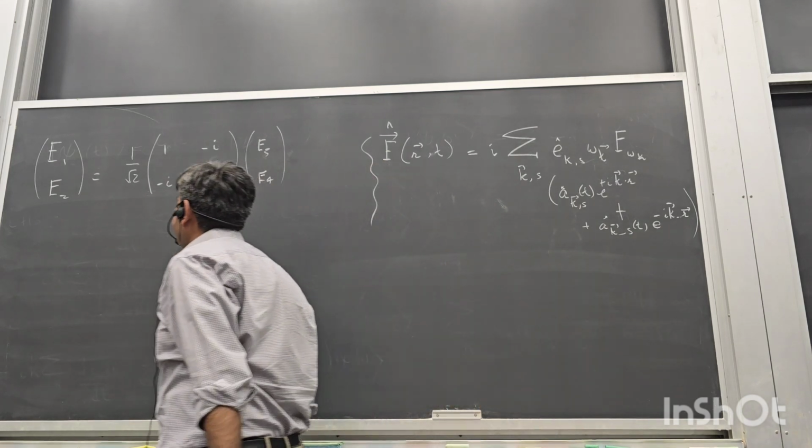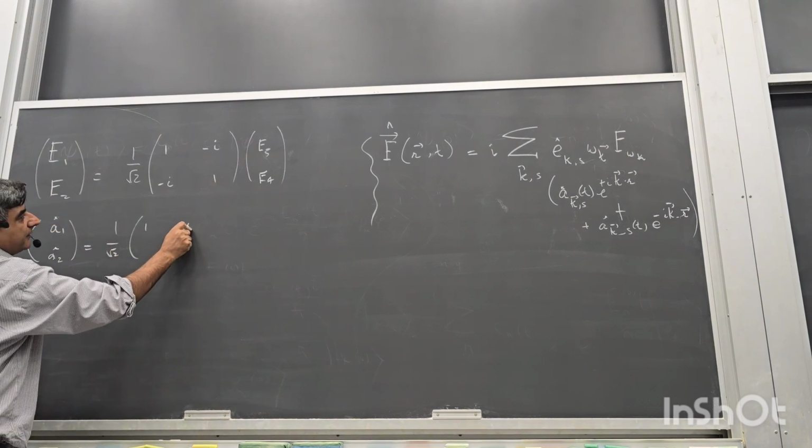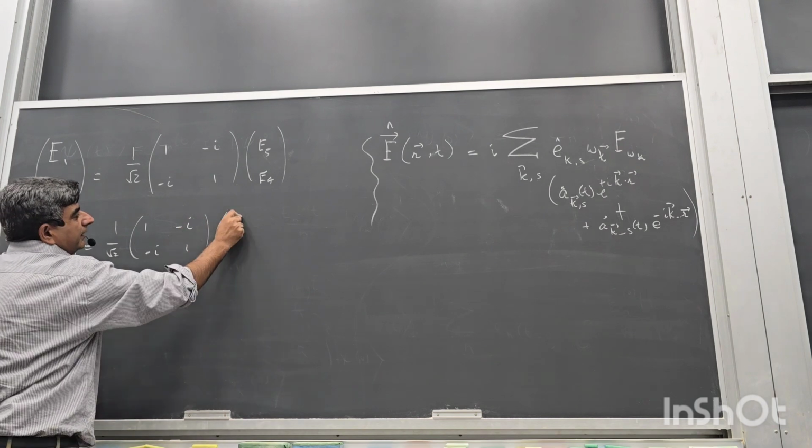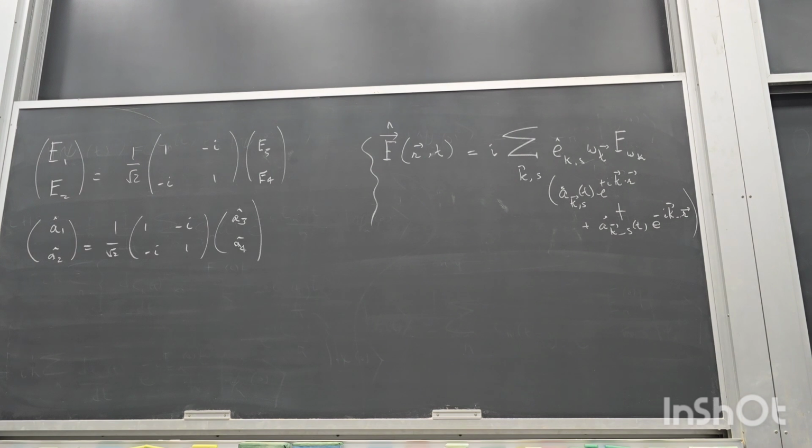Okay, so what we could really do is we could replace this expression of electric fields, classical electric fields, by the ladder operators. So we could write a1, a2 equals 1 over root 2, 1 minus iota, 1, a3, a4. And likewise, we can take the dagger of this and write the corresponding expression for the creation operators.